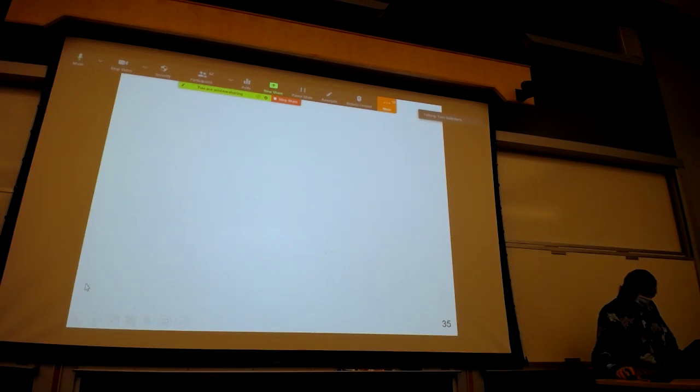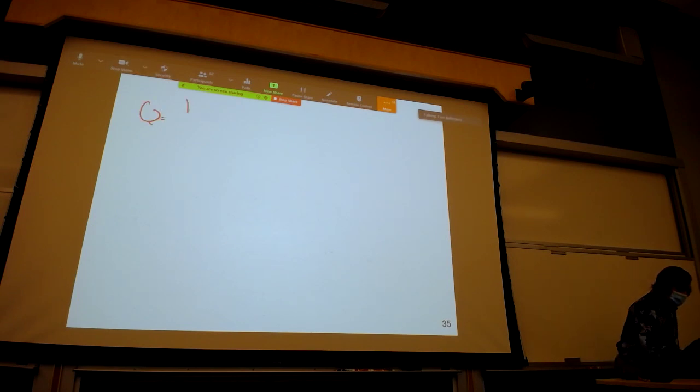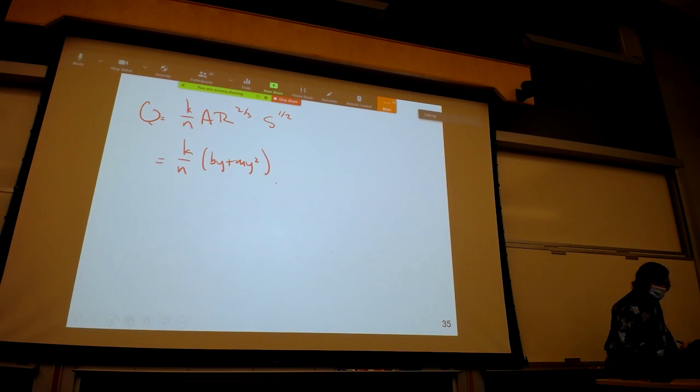So we have, I think red shows up better. Q is equal to K over N, A R to the 2/3, S to the 1/2. And that's equal to K over N, (By plus My squared) times (By plus My squared), divided by (B plus 2y square root of m squared plus 1) to the 2/3 power.